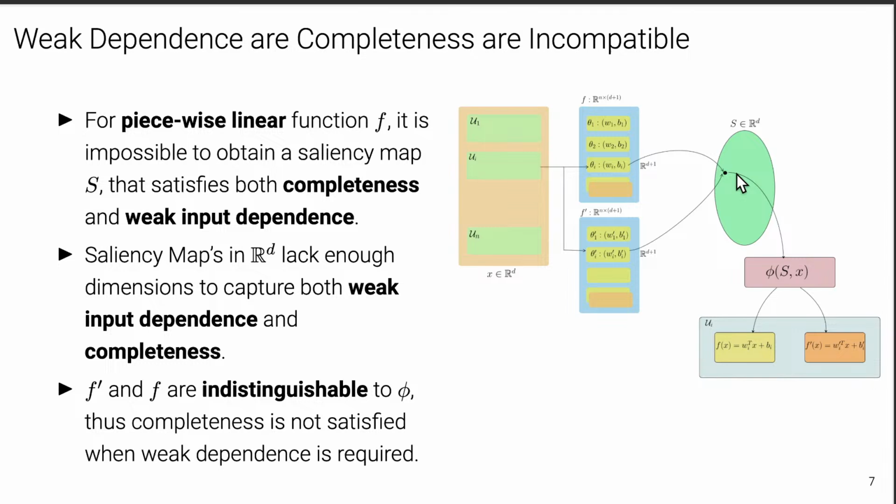So when we want to satisfy these two desirable criteria, weak input dependence and completeness, we run into the fact that these two are not commensurate, and therefore they are incompatible, and therefore we cannot reconstruct the network, and we cannot satisfy completeness and weak input dependence together.